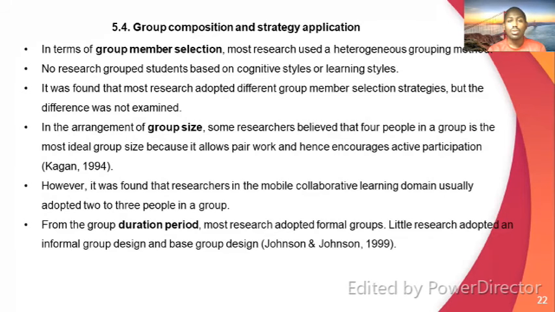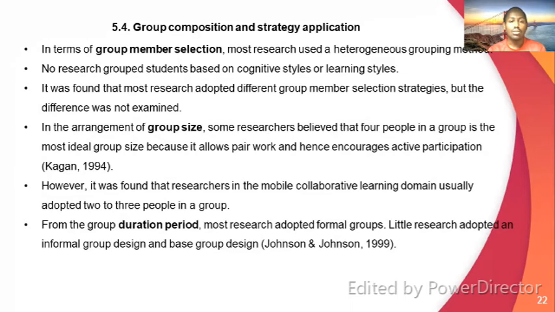Group composition and strategy application. In terms of group member selection, most research used heterogeneous grouping method, but no research grouped students based on cognitive styles or learning styles. It was found that most research adopted different group member selection techniques, but the difference was not examined.